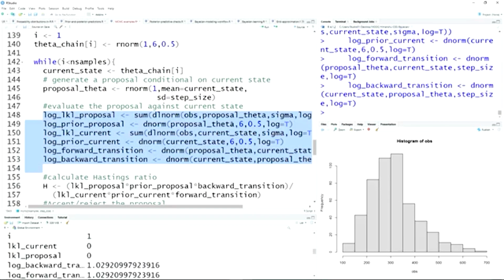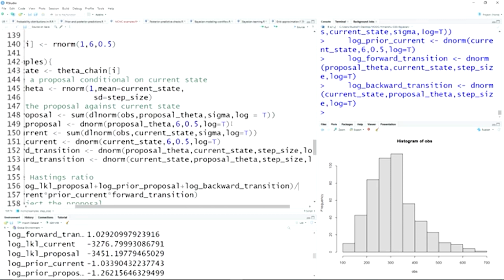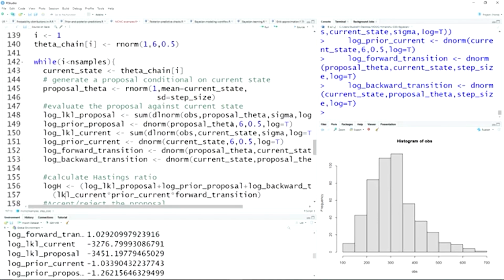So now I've gotten these things, right? Now, rather than calculating h, I will calculate log h. Which would be log likelihood proposal plus log prior proposal plus log backward density kernel, and then rather than divide it would be minus log likelihood current, log prior current, and log forward.